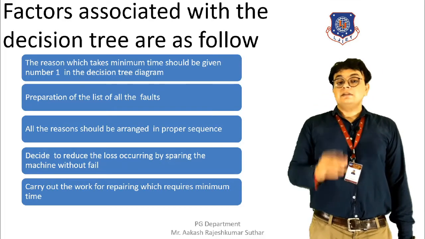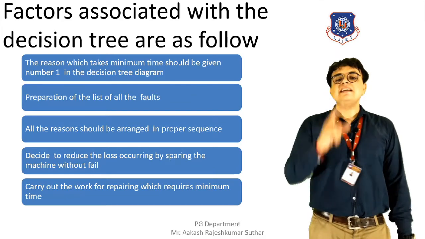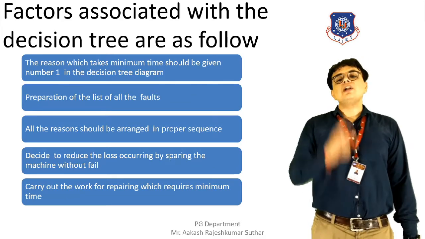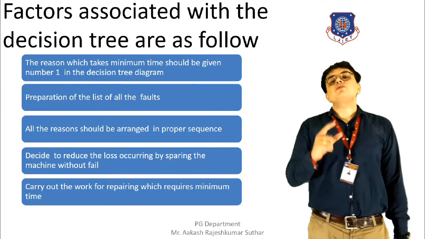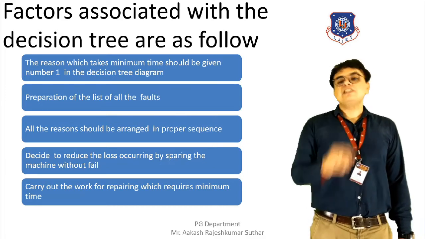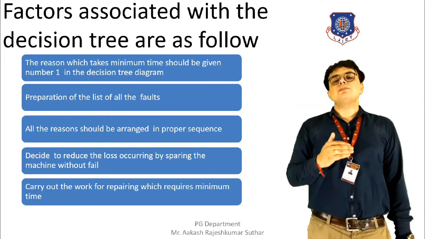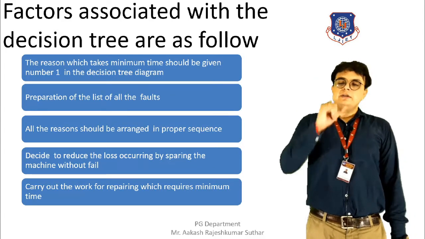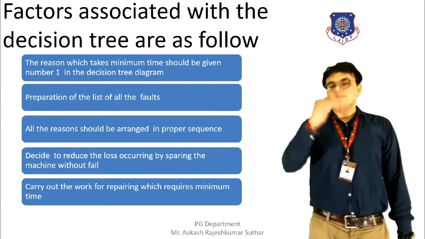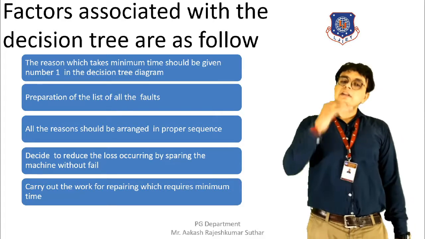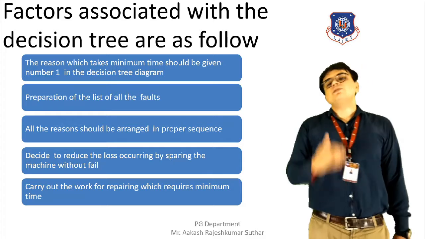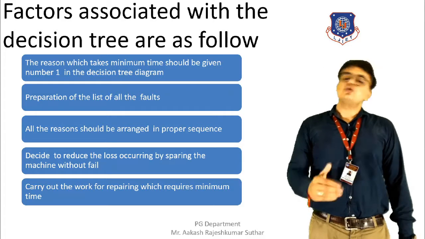The next thing required is to decide how to reduce the loss occurring by sparing the machine without fail. The loss being caused because of sparing the machine should be taken into consideration. We need to carry out all the repairing work that is required.